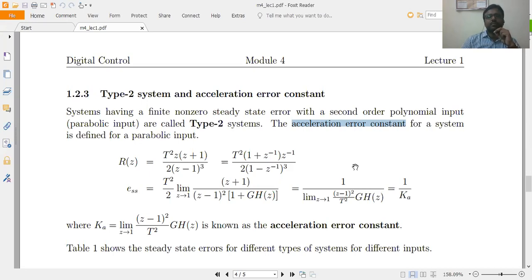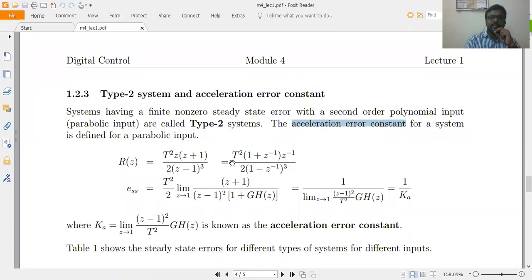Therefore, the Z transform for the parabolic function is going to be taken as R of z is equal to T square into z into z plus 1 divided by 2 into z minus 1 whole cube.